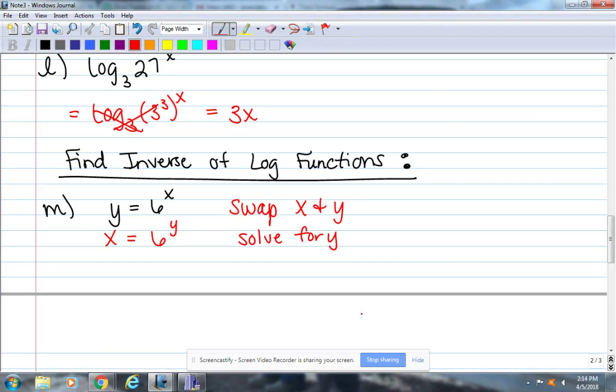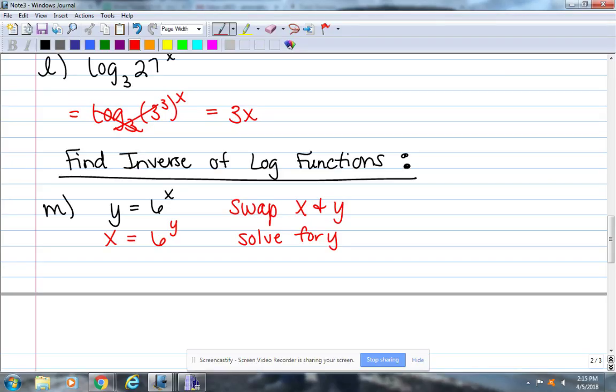Well, it's kind of hard to solve for y when it's stuck up in an exponent. Can't really solve for it when it's in an exponent. So to get it to where it's not an exponent anymore, we take a logarithm. Now, what's the base for the exponent? 6.